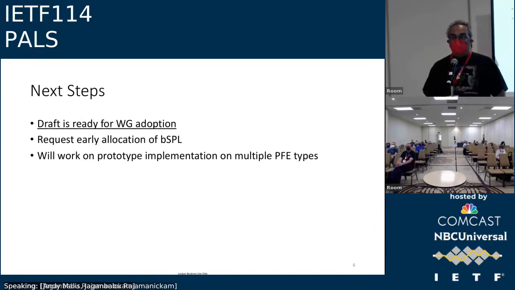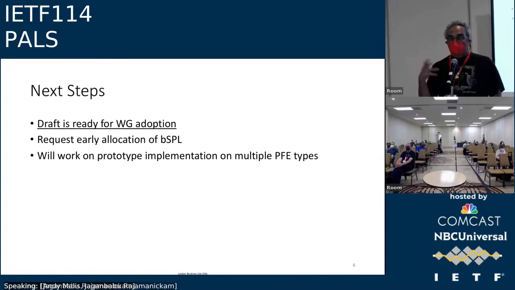So we think that the draft is ready for working group adoption. We've been discussing this for over a year at this point. Internally, we've done a lot of fine-tuning, and so we think it's ready. In addition, we'd like to start doing some prototypes of this, both on our chips and also, hopefully, the Broadcom folks will do some on their chips. And each of us has multiple types of chips.